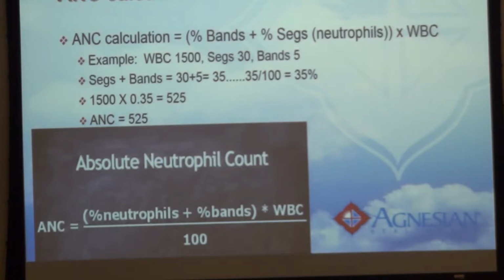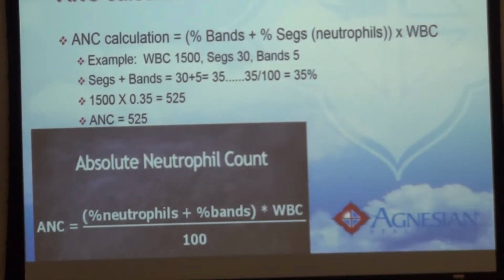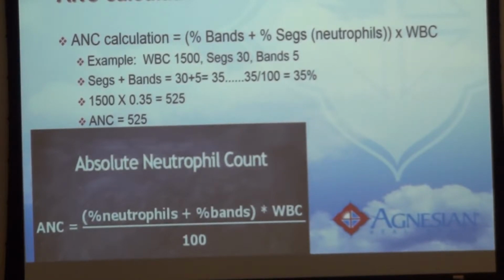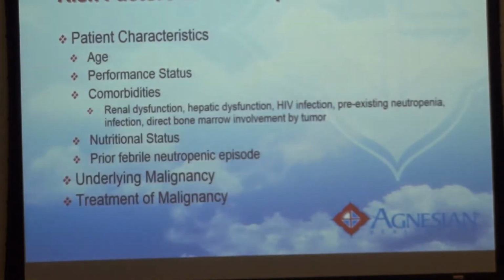Some people also report that as percentage of neutrophils, so it depends on where you're practicing and how they label things. Say you have a patient with a white blood cell count of 1,500, SIGs and bands 30 and 5 respectively. Your ANC calculates out to 525, so teetering on neutropenia. I would probably consider neutropenia based on that.